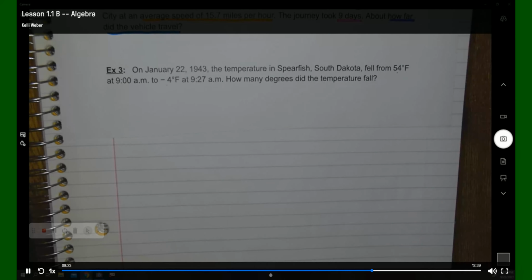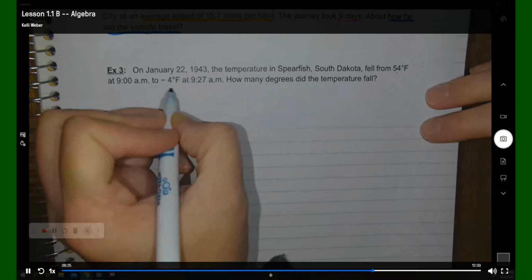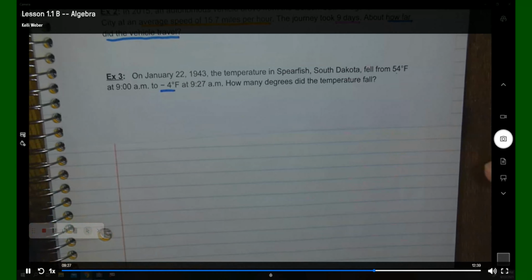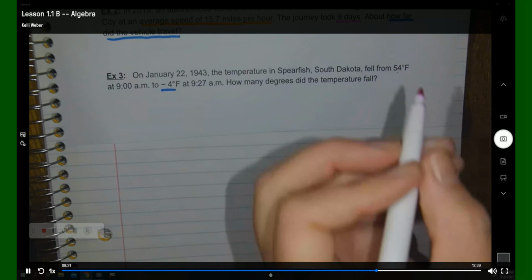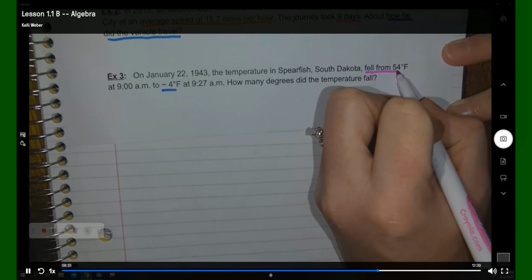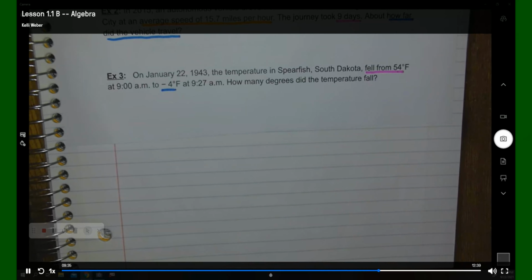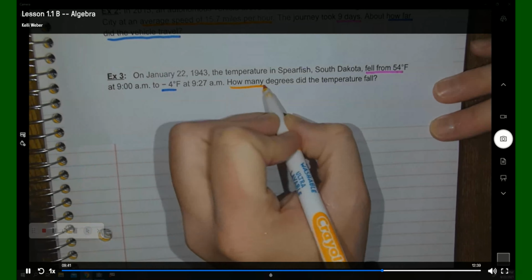So we are looking at -4 is where we're ending up, and we want to know how we got there. So the other important things fell from 54 degrees. And we want to know how many degrees did the temperature fall.